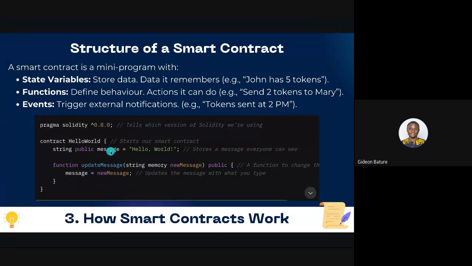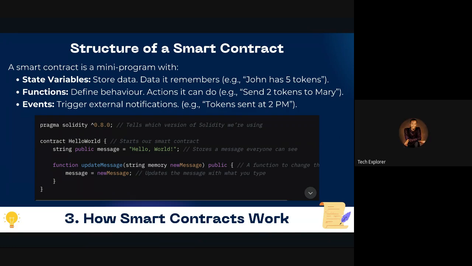And it is updating this existing variable, hello world, to whatever you pass into this function. The only thing lacking here is the event. So forgive me for that. But just take note of these three. These are the structure of a smart contract: state variables, functions, events. So any question before we move forward?